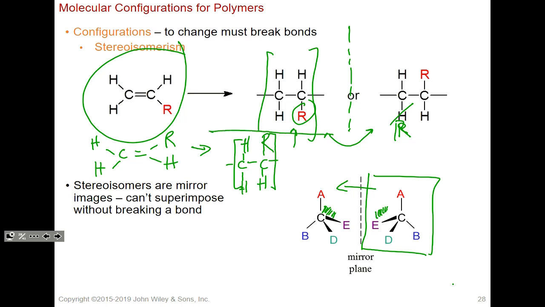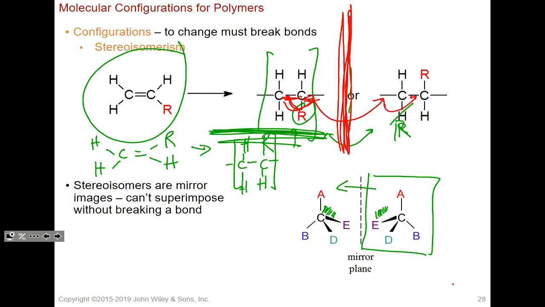This is not the mirror plane that I'm interested in. This is the mirror plane I'm interested in, because through polymerization, this bond, the double bond that was here, forms this bond, and then it propagates like that.